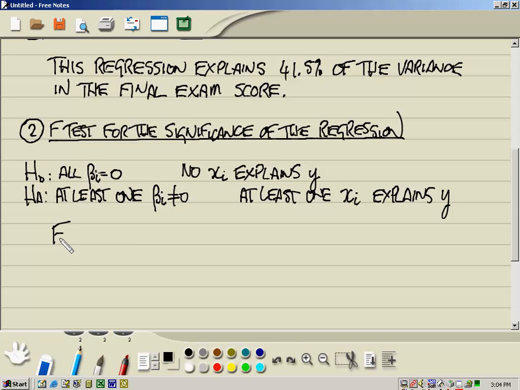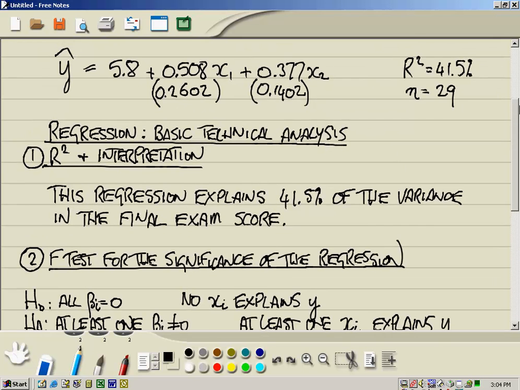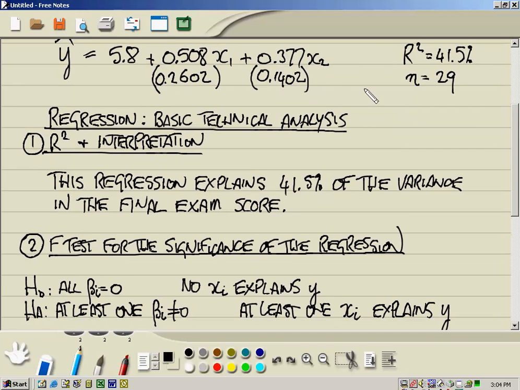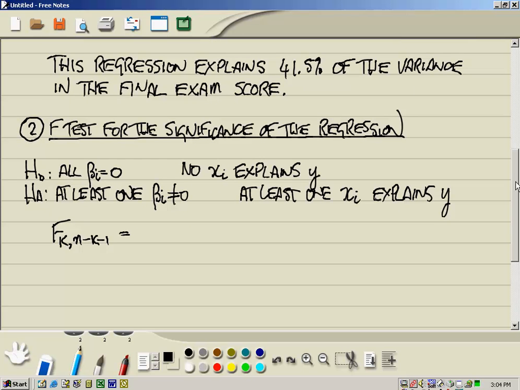Next thing we have to worry about is degrees of freedom on the F. F has 2 degrees of freedom, k for the top line and n minus k minus 1 for the bottom line. K, as always, is the number of x variables in the regression. We have clearly 2 x variables in the regression, so the first degree of freedom there is 2, and then n minus k minus 1, n is 29 minus 2 minus 1, and that works out to 2 and 26 degrees of freedom.